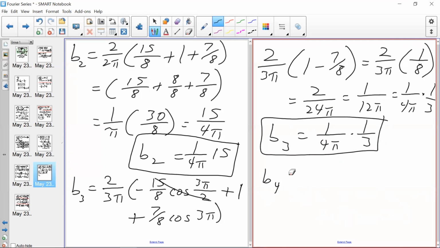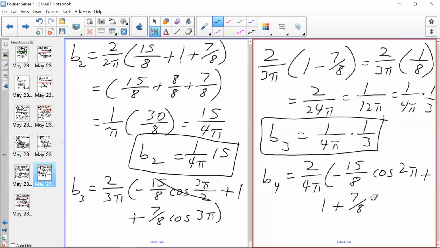It'll be 4, 2 over 4 pi, 1 over 2 pi, minus 15 over 8 cosine of 2 pi, because it's going to be 4 pi over 2, which is 2 pi, plus 1, plus 7/8 cosine of 4 pi.